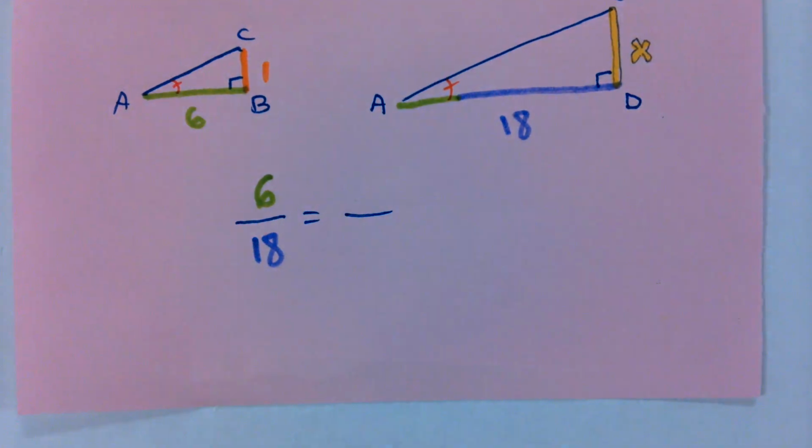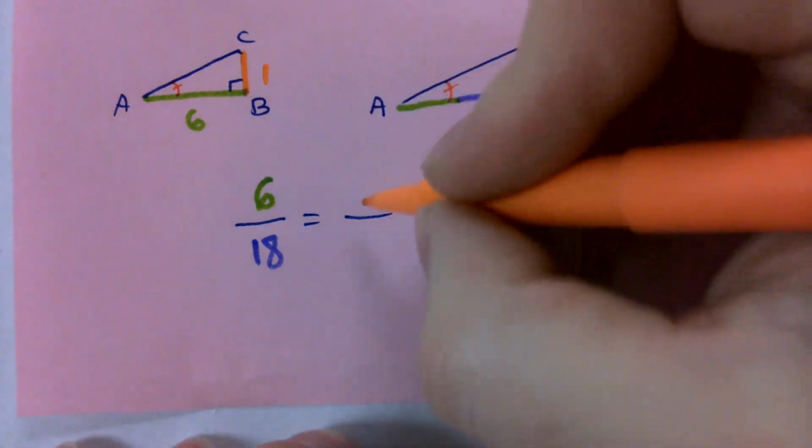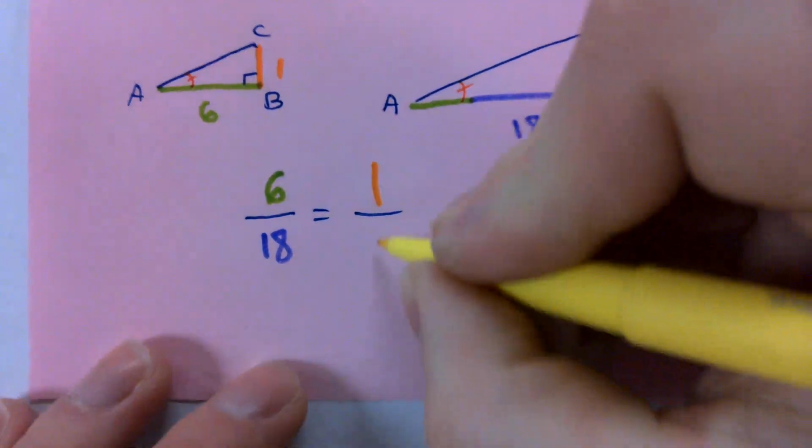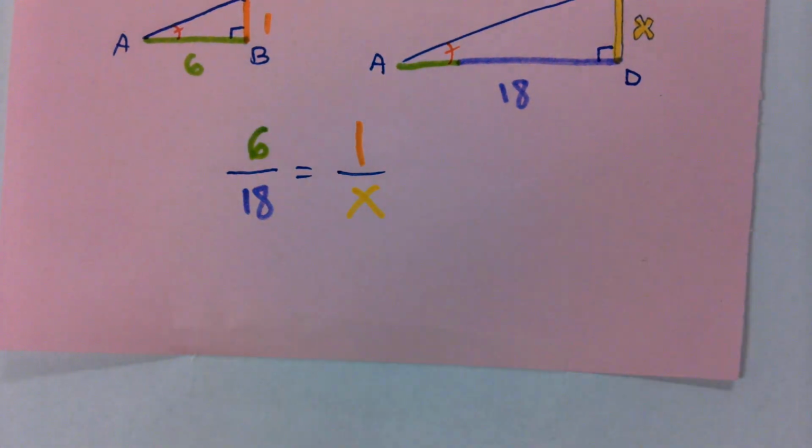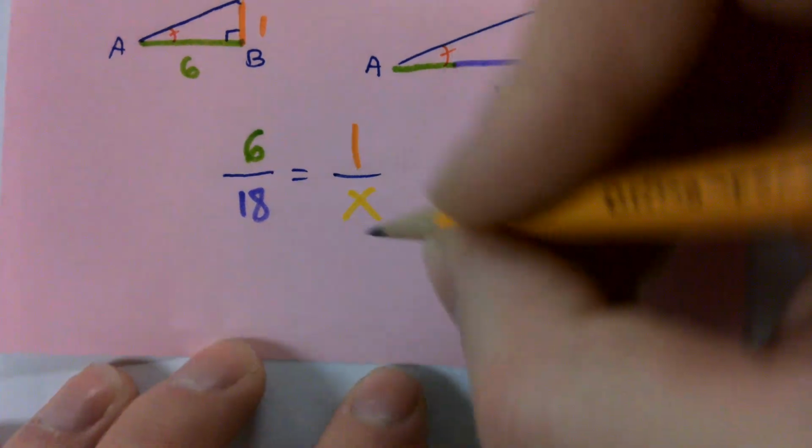Sorry about that. Our first proportion, 6 over 18. Our second fraction's got to be 1 over x. Because 6 and 1 come from the same triangle, they've got to be directly in line with each other in the numerator.